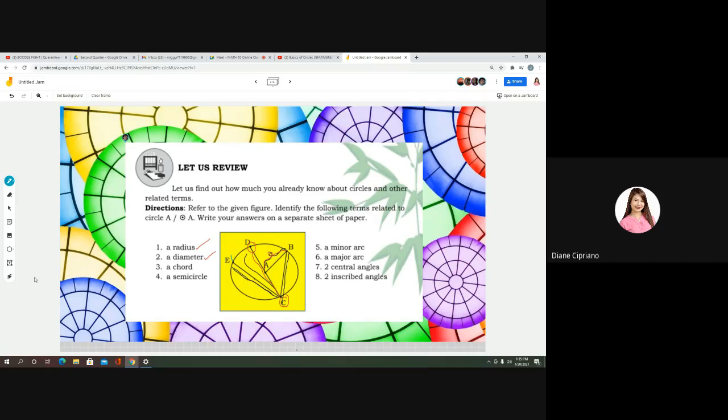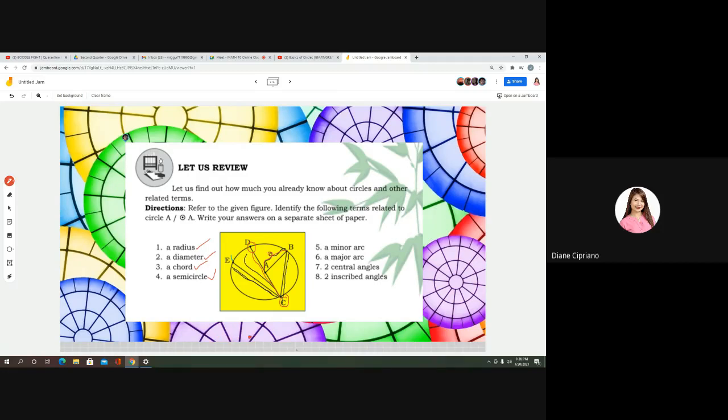Next, for our semicircle, thank you so much. I was talking about the segment a while ago. So we have here B, E, and B, C, and E. How about the semicircle? A semicircle is just half of a circle.